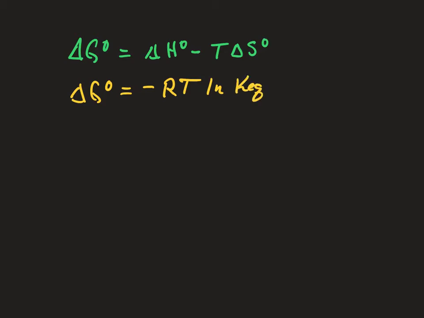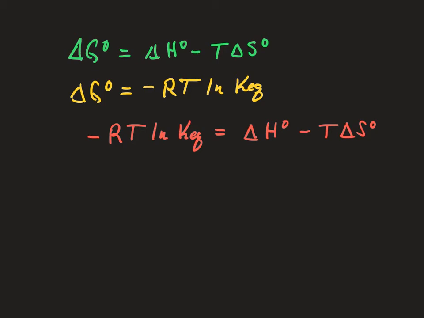And so we can put those two equations together. That minus RT times the natural log of the equilibrium constant is equal to delta H0 minus T delta S0.